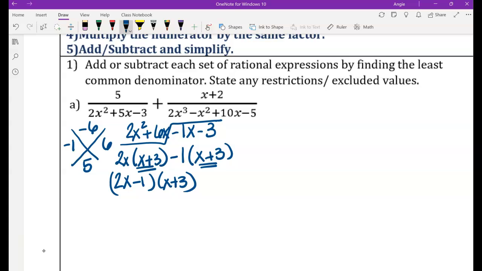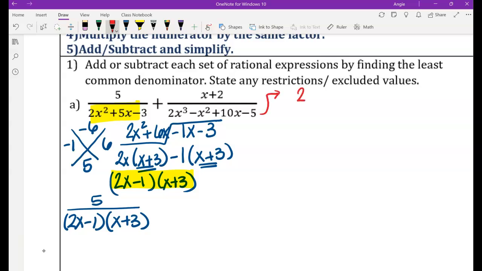That's the factored form of this denominator. So I'm going to rewrite it with the 5 on the top and the denominator completely factored out, now over 2x minus 1 times x plus 3.